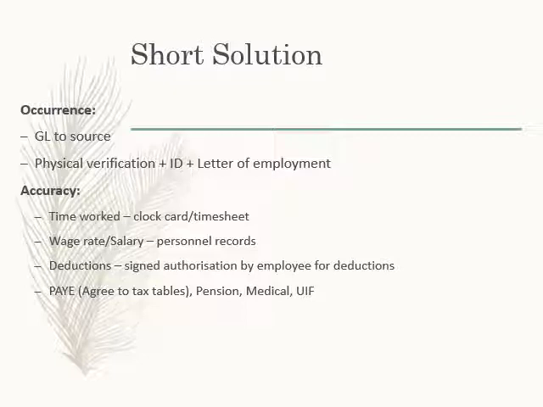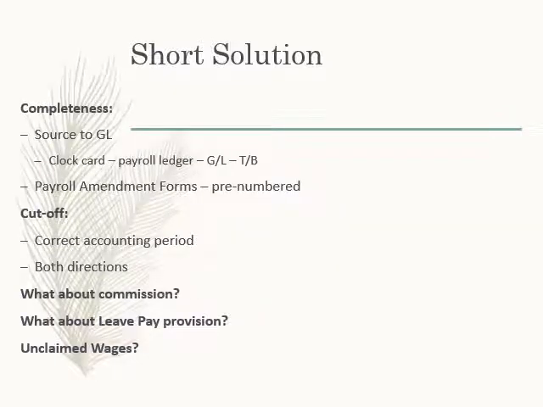Okay, and then the pension will obviously then be agreed to whatever the employee's employment contract states, the percentage of their total cost of employment that goes to the pension, medical aid to the medical aid tables, and then UIF, or in the case of Namibia, the Social Security usually has a fixed amount of $81 currently.